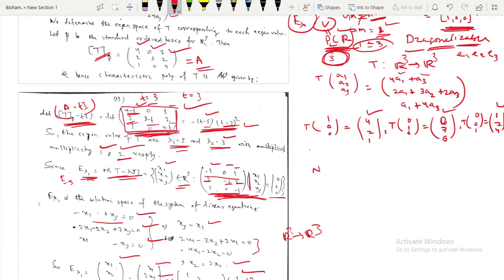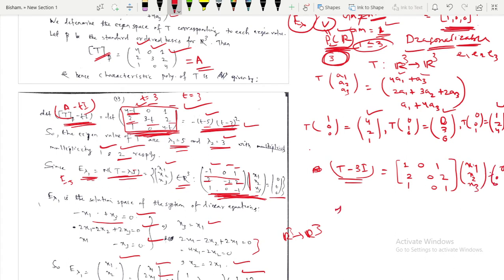What will be the null space? T minus 3I will be (1, 0, 1), then (2, 0, 2), then (1, 0, 1). And this thing times (x1, x2, x3) is equal to (0, 0, 0).